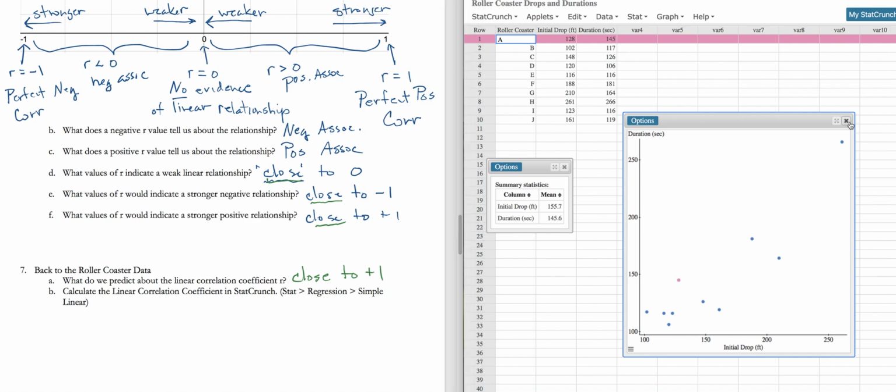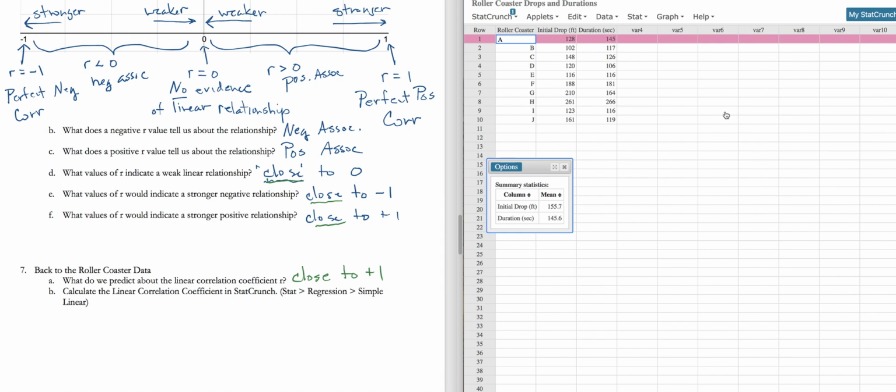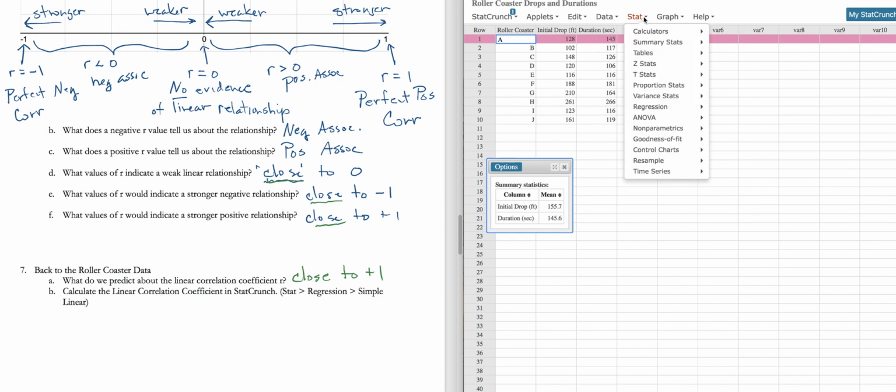I'm just going to go ahead and close this window to give us some more room. So to do our calculations, we're generally starting with this Stat drop-down menu. We're going to pick Regression, which is a word we haven't talked about yet. We're going to address that in the next few modules in this unit.